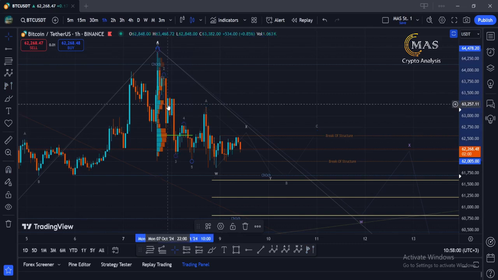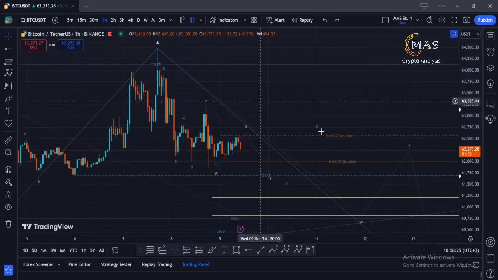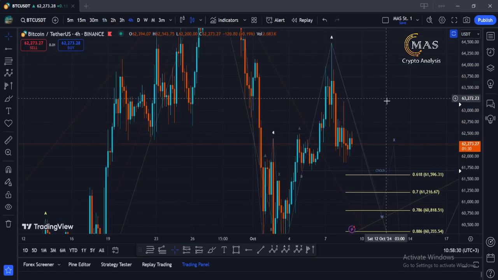You can see we came back successfully to retest the 63,300 with this A, and go for this down, and I will expect to see a flat pattern running with this W and the X and Y to end this B lower than the beginning, and we will go with this C. Until now, my friend, I hope to update you with all levels for this BOS here, reaching for this highest level, and I am waiting to see.